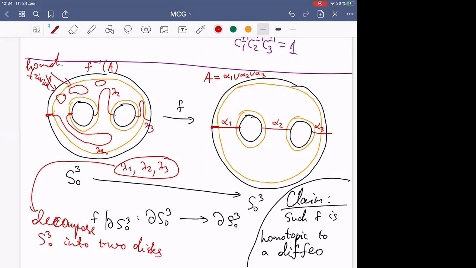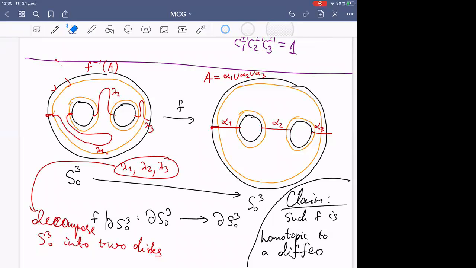It is impossible to have a homotopically non-trivial curve in a disk. And hence, we can get rid of them exactly as in the previous case. We can get rid of these homotopically trivial curves, and we arrive at a situation where there are no such curves.